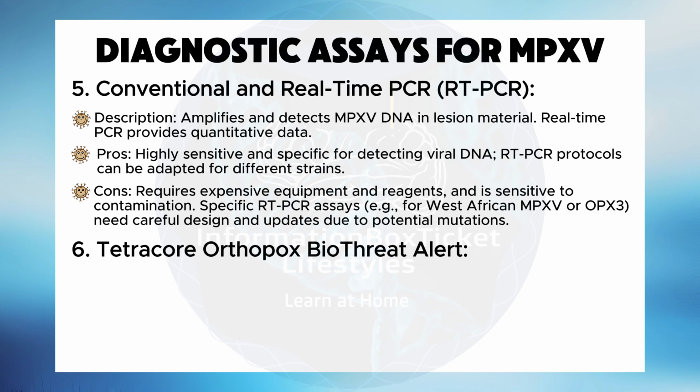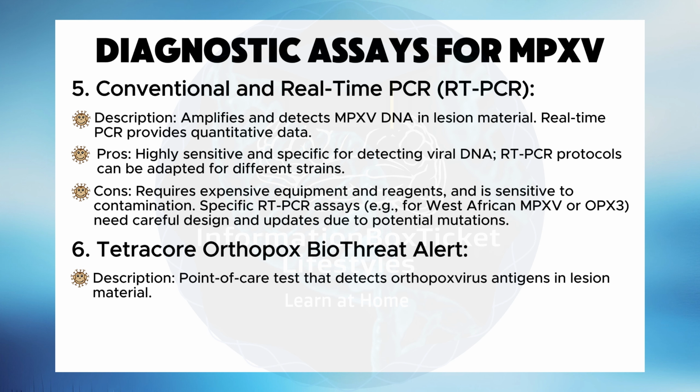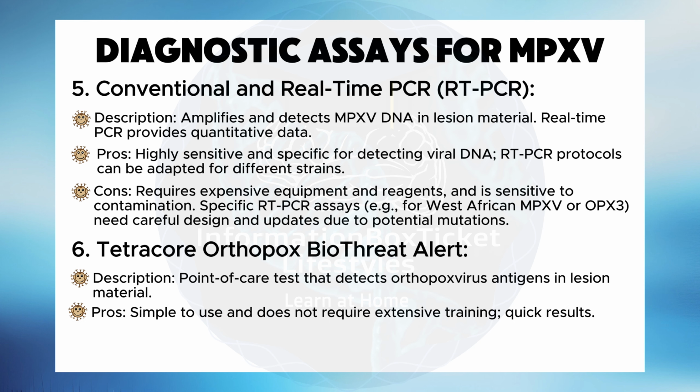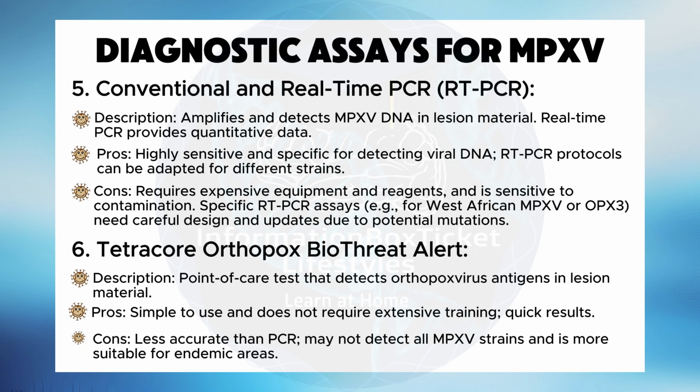6. Tetracore orthopox biothreat alert. Description: point-of-care test that detects orthopoxvirus antigens in lesion material. Pros: simple to use and does not require extensive training. Quick results. Cons: less accurate than PCR, may not detect all MPXV strains, and is more suitable for endemic areas.